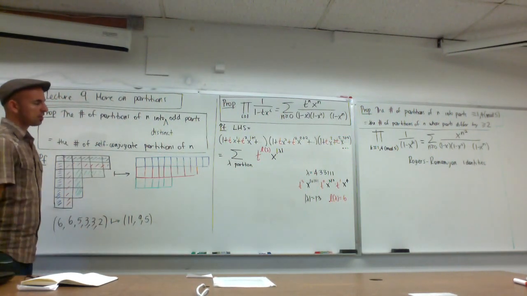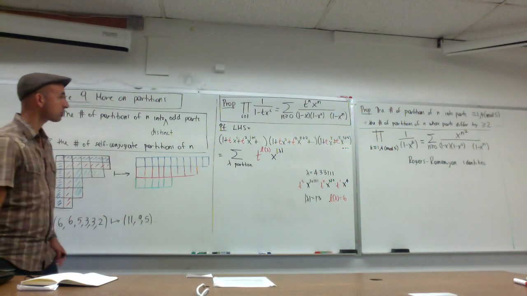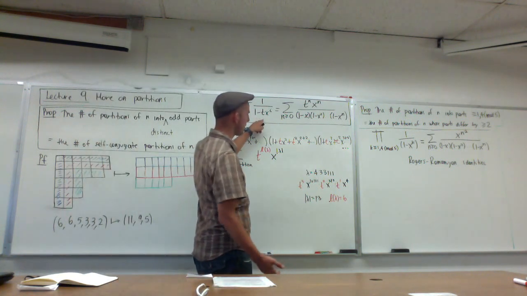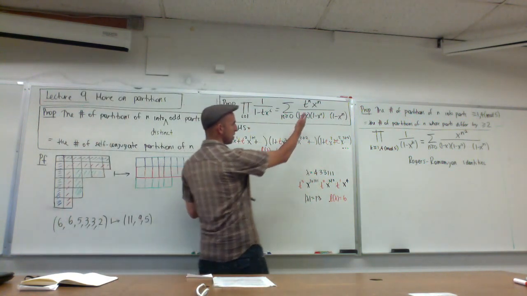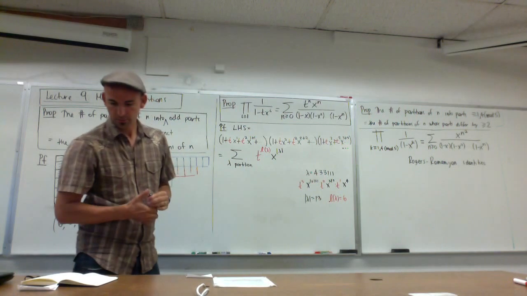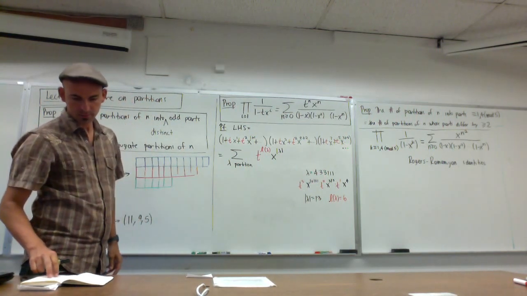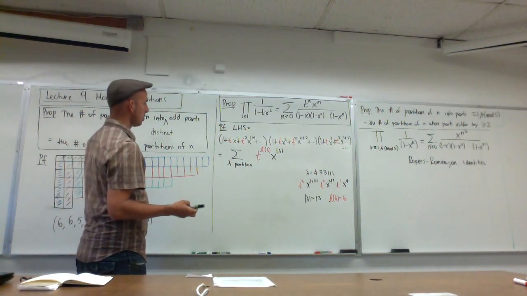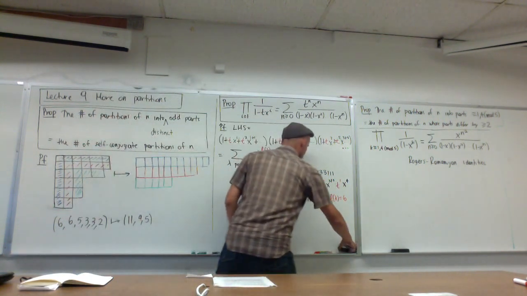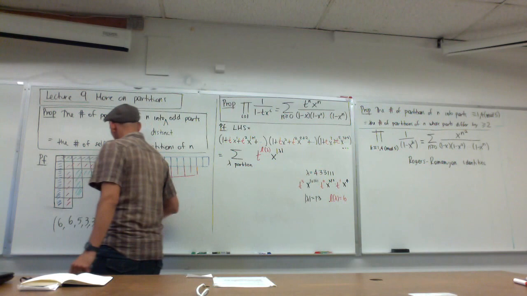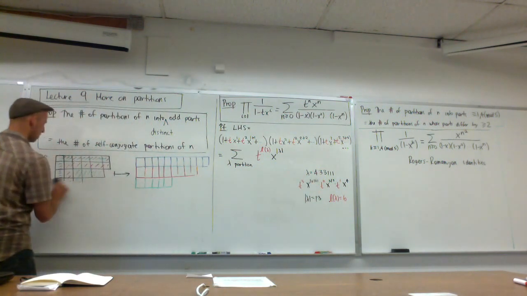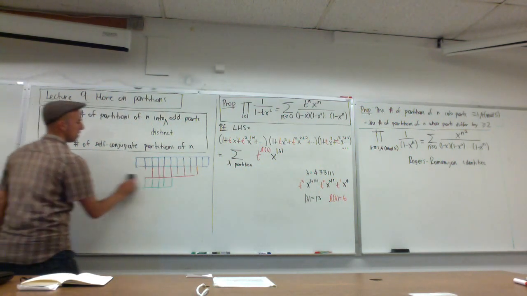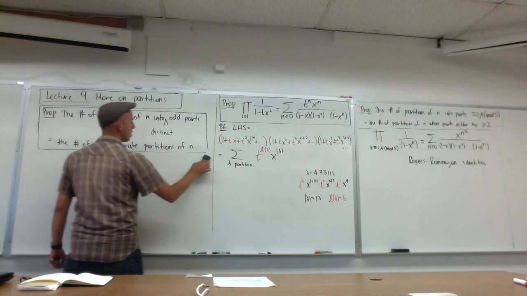And so that's why this has to do with partitions, and somehow we have to now figure out why that's equal to this. Okay? And so maybe I'll erase this stuff here. Because you see what the right-hand side is doing is that it is expanding this according to their power of t.